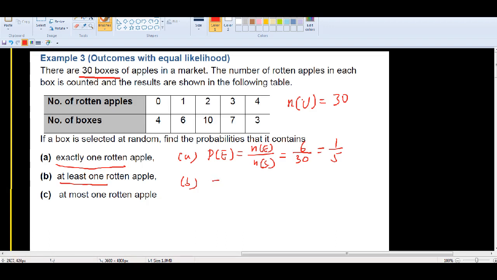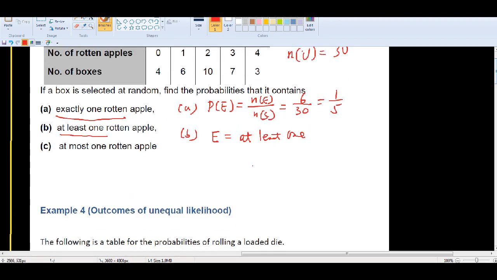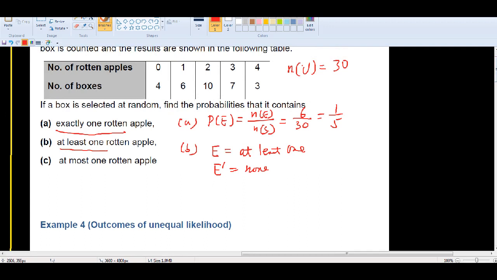So if we say the event E is at least one, then the complement of event E, E dash, is none. That means no rotten apple. So event E is at least one rotten apple.